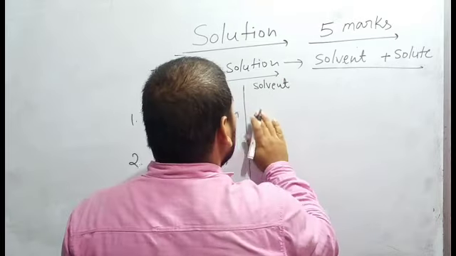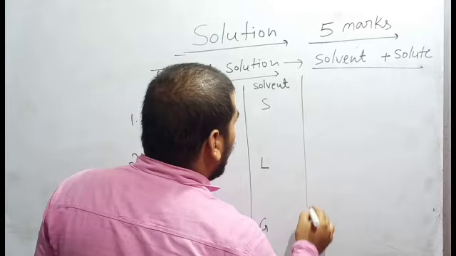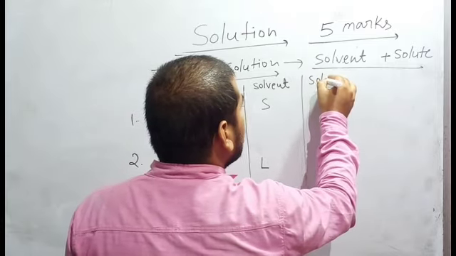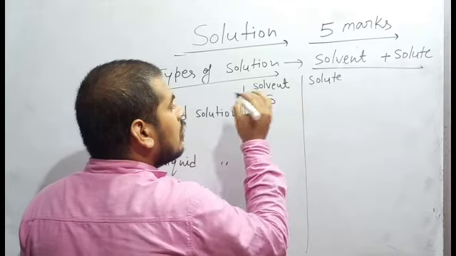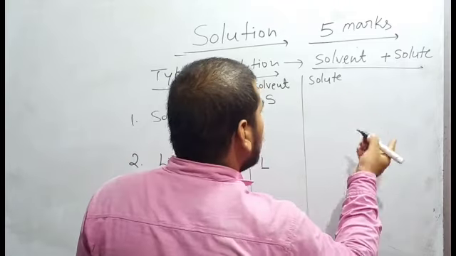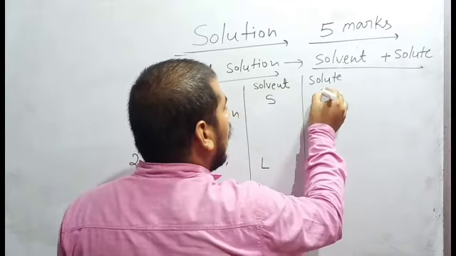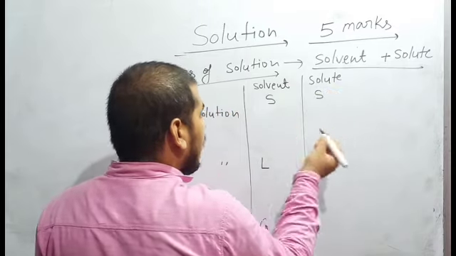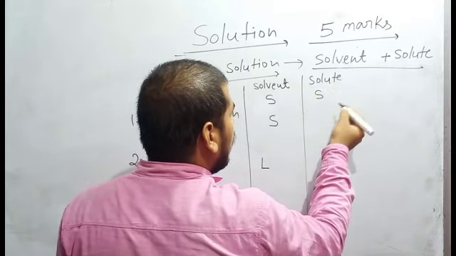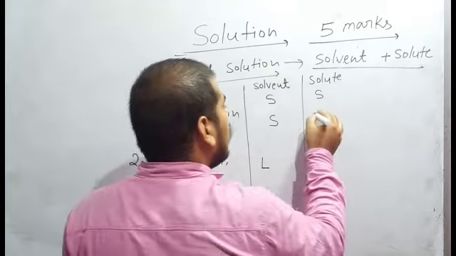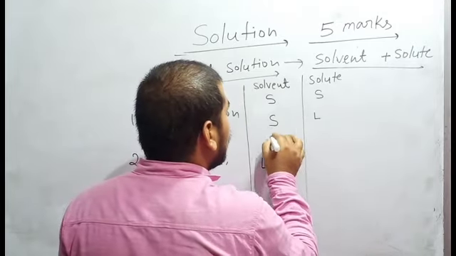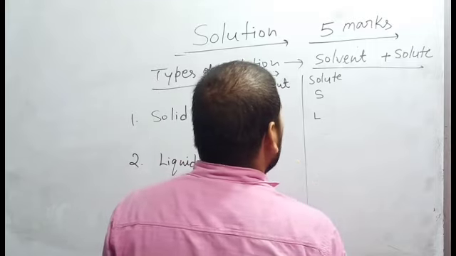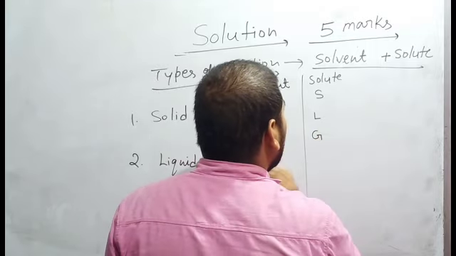Now the phase of solute. If the phase of solvent is solid, the phase of solute may also be solid. It may be that the phase of solvent is solid but the phase of solute is liquid. It may be that the phase of solvent is solid and the phase of solute is gaseous.